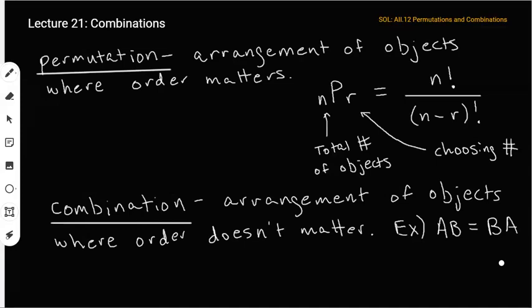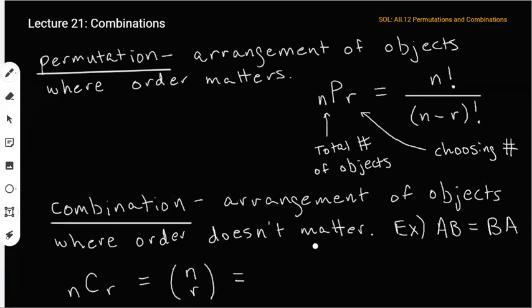When you're doing the combination formula, it's going to be done a little bit differently from the permutation formula. It's going to be NCR. The C is going to stand for combination. And I can write this as a binomial coefficient where I have N at the top and R at the bottom.